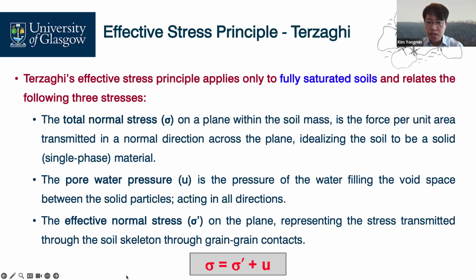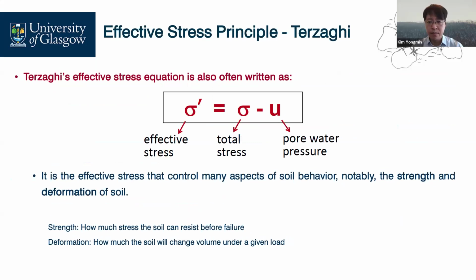What is the effective stress again? The total stress acts on saturated soils, and it is partly carried by the water pressure, and the remainder must be entirely carried by the soil skeleton through the interparticle contacts.